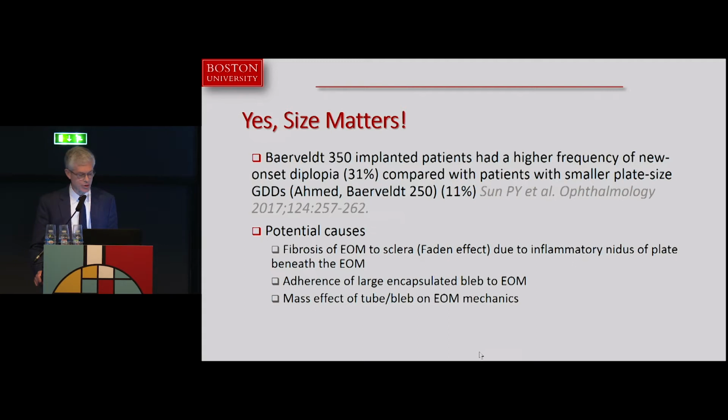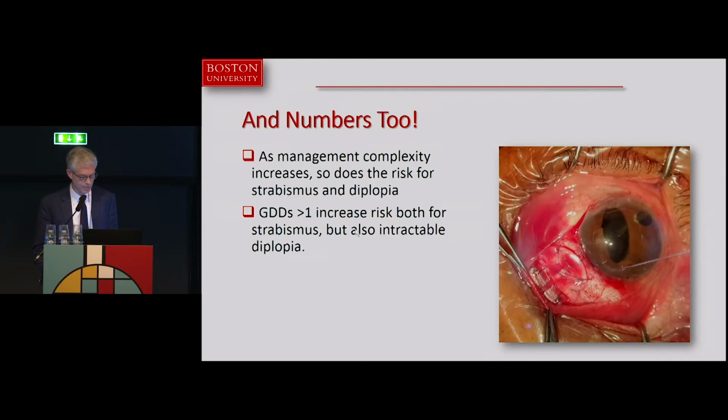Again, from the Mayo study, when patients had Baerveldt 350s implanted, they had a higher frequency of new onset diplopia, up to 30%, compared with patients who had smaller plate size, like Ahmeds and the smaller Baerveldt, with an incidence of 11%. So potential causes of strabismus after large implants or small implants are basically the same as we've talked about already.